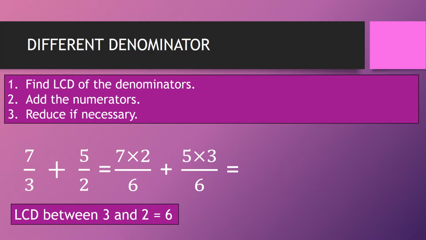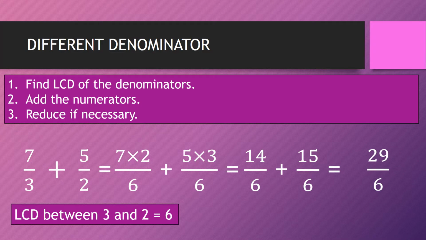And now at the end, you have the same denominator. What are you doing when you have the same denominator? You add the numerators, and the result is 29. And now in this case, 29 and 6 don't have common factors. You don't need to reduce. Now the final answer is 29 divided by 6.